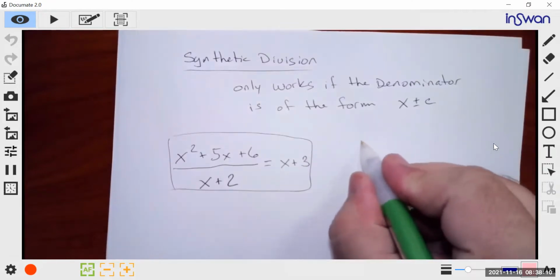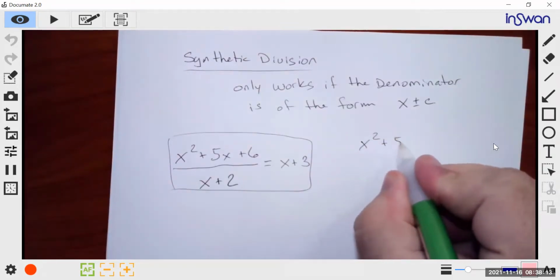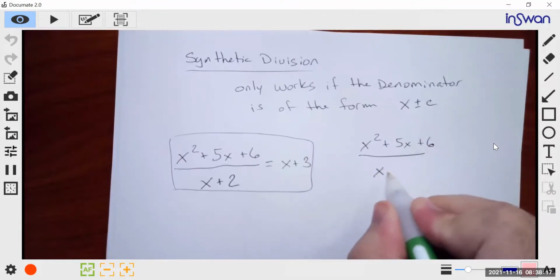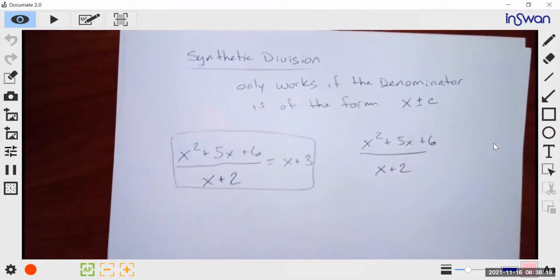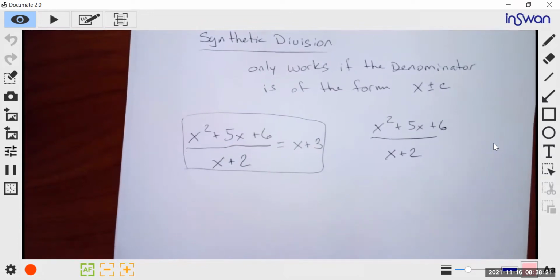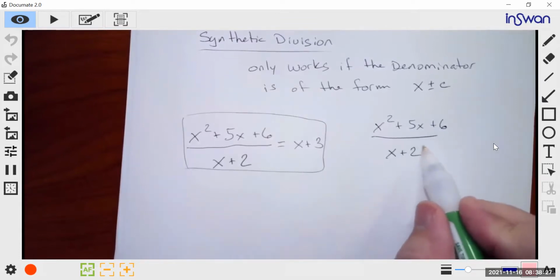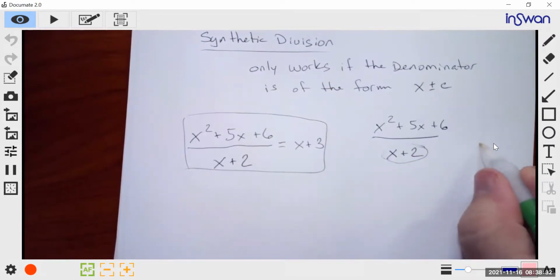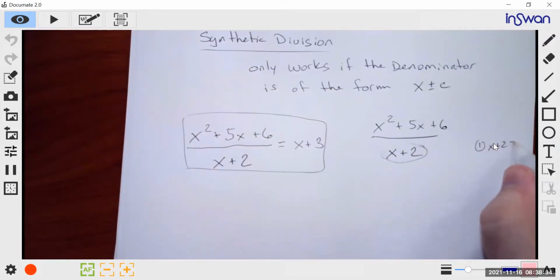So I'm going to do the same one, but this time I'm going to use synthetic division. So there's my original question. First step, solve the bottom. So x plus 2 equals 0, so x equals -2.